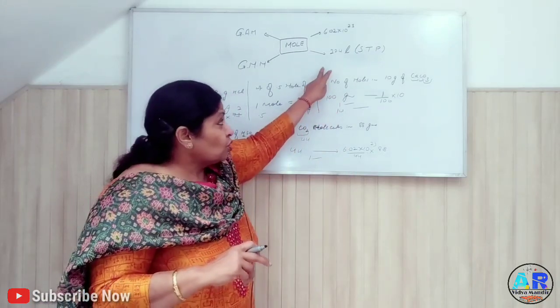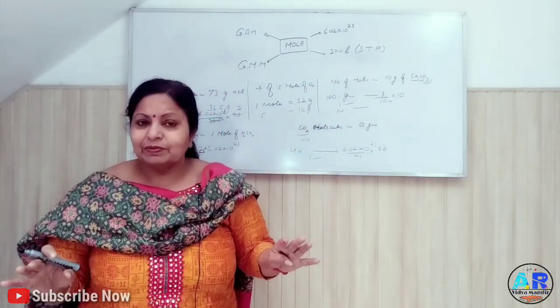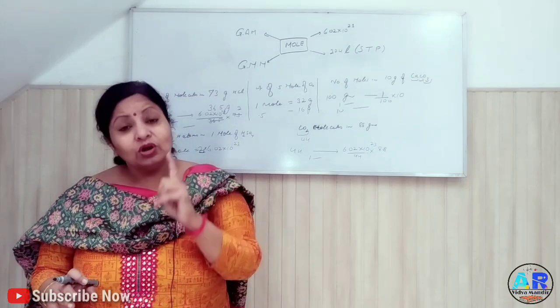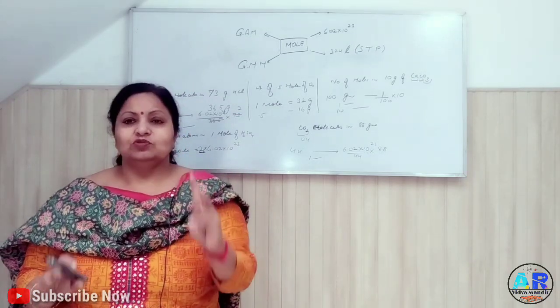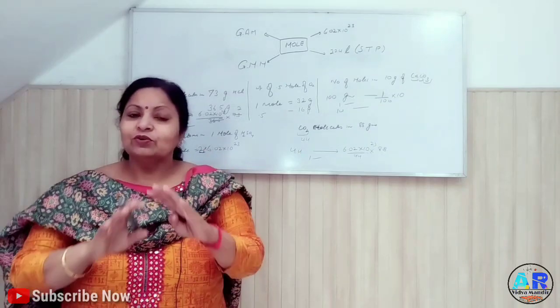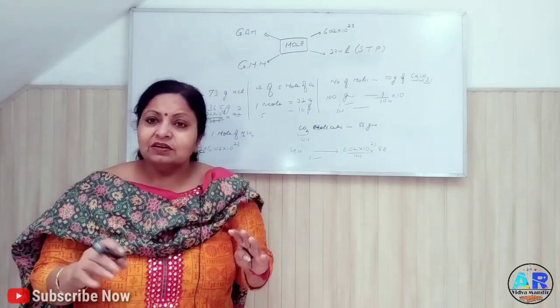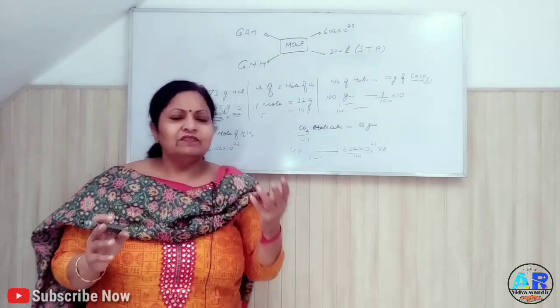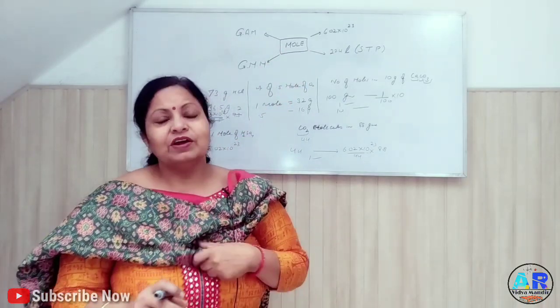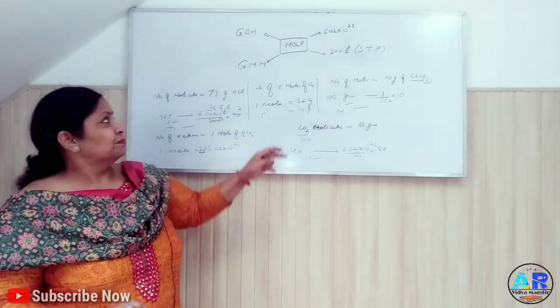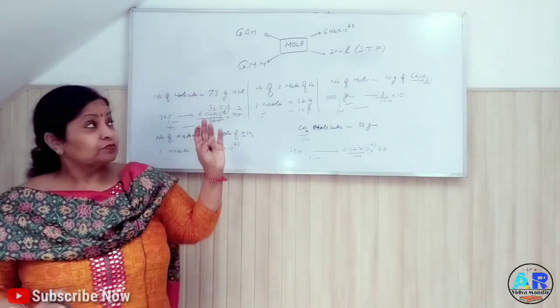Because mole is not applicable at all conditions. The mole term is applicable at standard conditions when volume is taken. Otherwise, when there is no volume consideration, only in terms of number, then we are not to convert it. Only in case of volume, we are to first convert it into standard temperature and pressure.